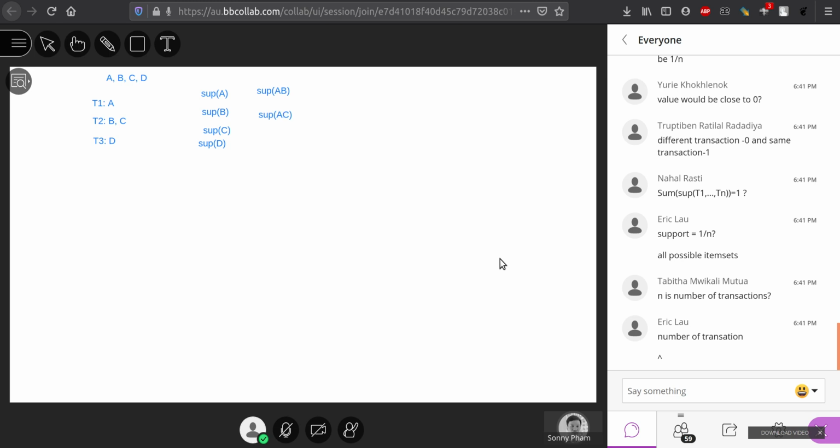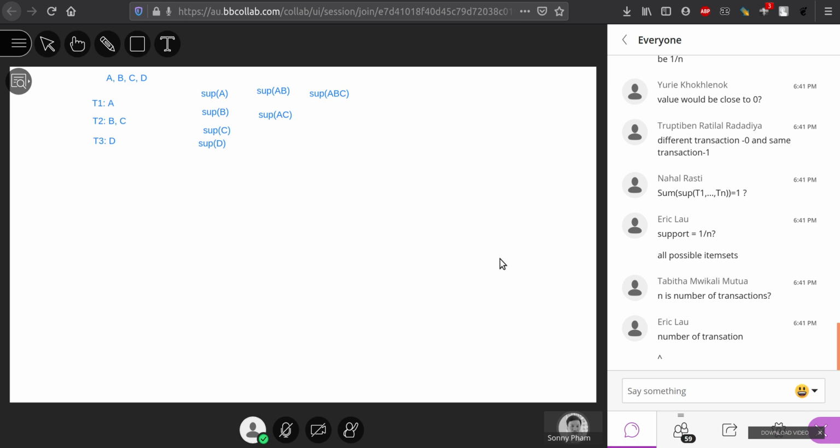More and more items, and support of ABC, something like this. So you have lots and lots of possibilities, and the number of possibilities is 2 to the power 4 minus 1. 2 to the power 4 is 16, minus 1 is 15. So you have 15 possibilities.